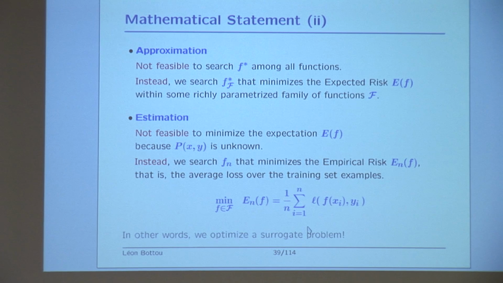And the estimation part: it's not feasible to minimize the expectation E of f because we don't know the distribution. Instead, we search a function f_n that minimizes the empirical risk, which is the average loss over the training set examples. So in other words, we optimize a surrogate problem. There is the problem we want, and we make two leaps that transform the problem into something we can handle, but it's not exactly what we want to solve.